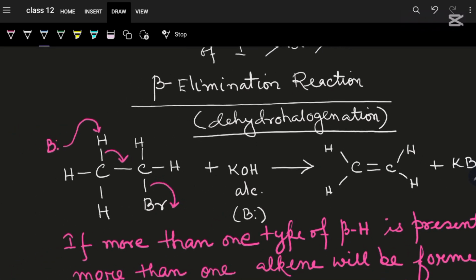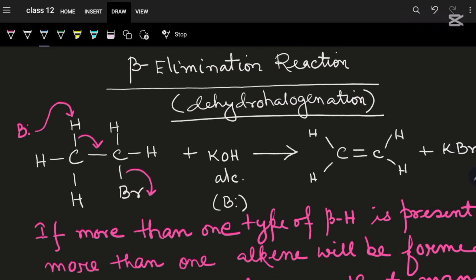Moving on to the next mechanism, beta elimination reaction, which is also known as dehydrohalogenation. Dehydrohalogenation means removal of hydrogen and halogen, or removal of HX. How? In the presence of alcoholic KOH, which is acting as a base.